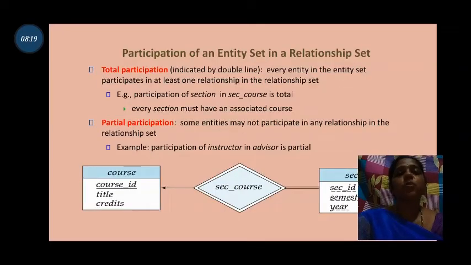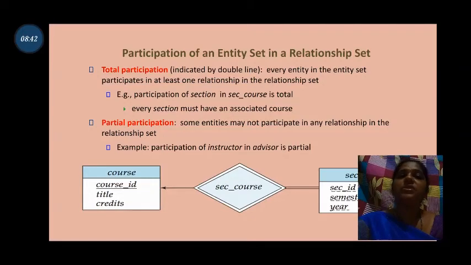Next one is participation of an entity set in a relationship. There are two types of participation. One is total participation, another one is partial participation. Total participation is referred to as every entity in the entity set participates in at least one relationship in the relationship set.